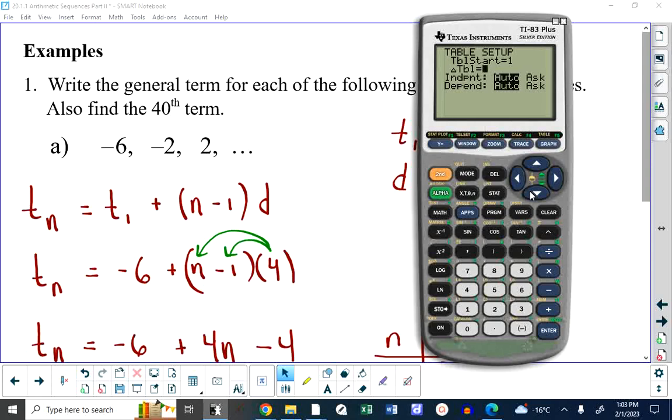Okay, now go to the table. There's the sequence. My table does the calculation for all these different values of n. It's x, but it uses x equals 1, which is n equals 1, and it calculates the term as negative 6.